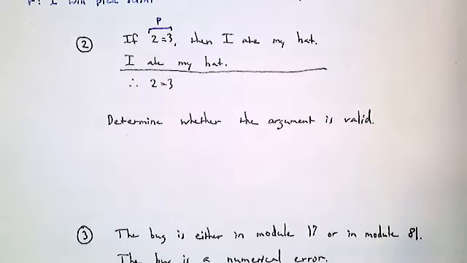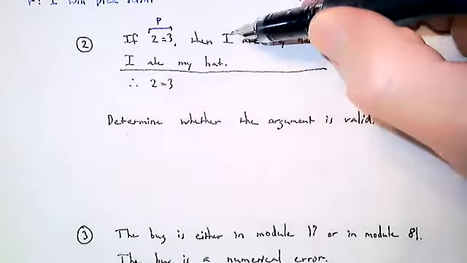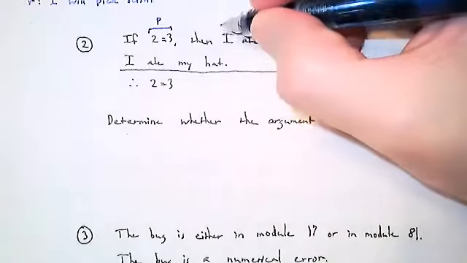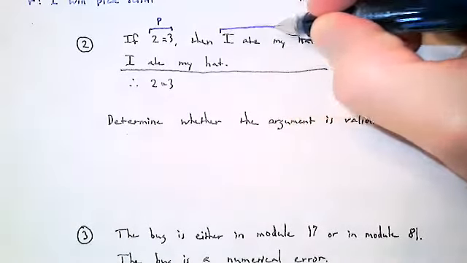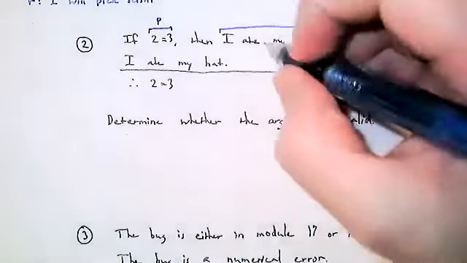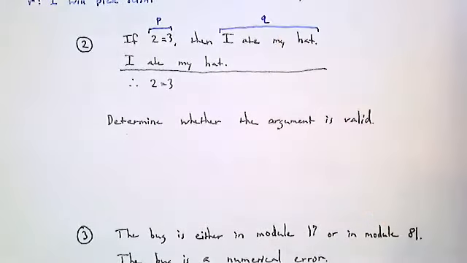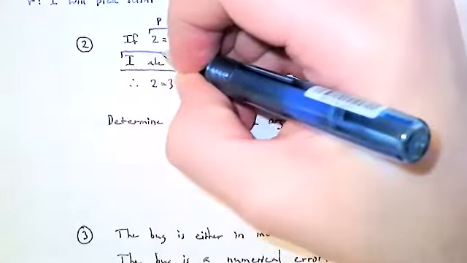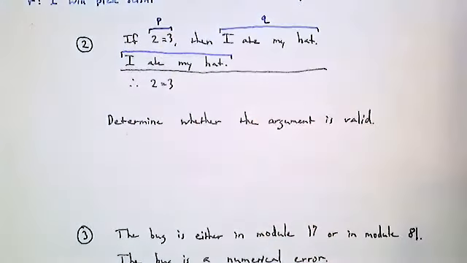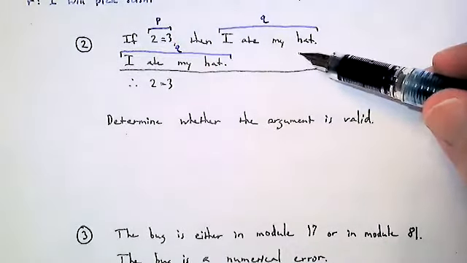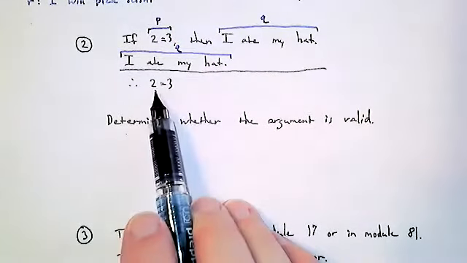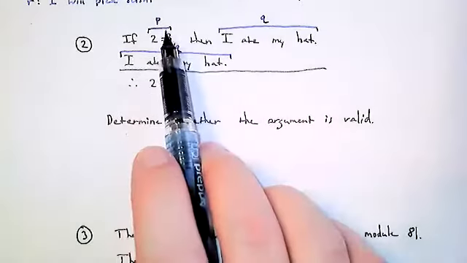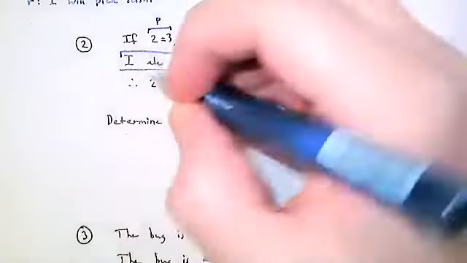We'll label it P. And then the second part of this conditional statement, I ate my hat, is another proposition, which we're going to call Q. So the second proposition is Q by itself. So you're claiming that Q is true. And then our conclusion is P again, 2 equals 3.